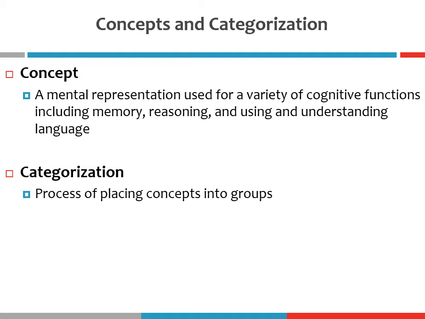Just like if you saw a vehicle on the street, you could categorize it as an SUV, a Chevrolet, a Ford, etc. So a concept is a mental representation that we use for a variety of cognitive functions to benefit our understanding, and categorization is the process of placing concepts into groups based on characteristic features, and we call those groups categories.